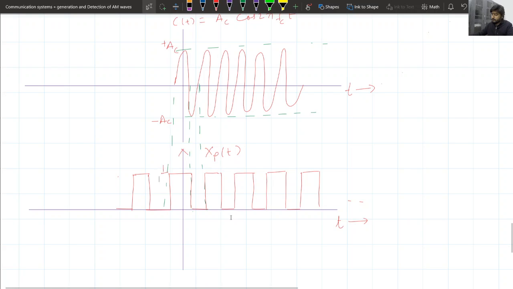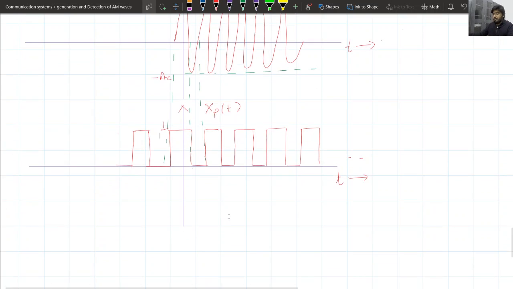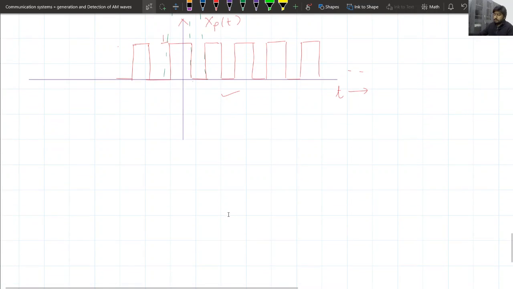Now we can see that this is a periodic signal. We can represent this signal in terms of Fourier series summation. This is similar to the square wave whose Fourier series summation we have derived earlier in signals and systems.